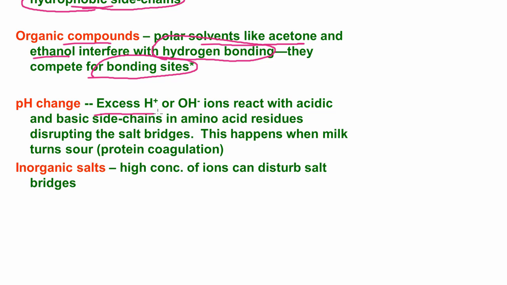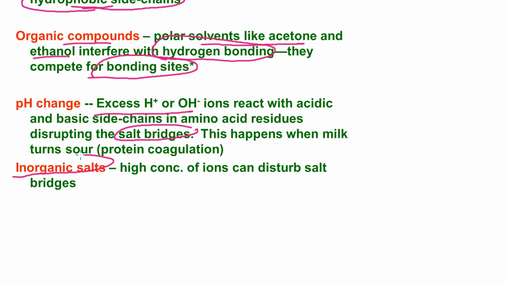If we change the pH by adding excess acid or hydroxide ions, the hydrogen ions and hydroxide ions will react with acidic and basic side chains in the amino acids, and that will disrupt those salt bridges. So when milk turns sour, that's exactly what happens, and the proteins coagulate, if you will.